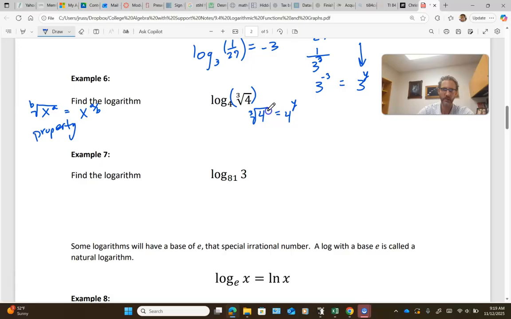Well, the power here is an understood 1. So once I know that, I can re-express this as 4 to the 1/3 power. Okay, and by doing so, I've figured out what that exponent is. It's 1/3. So I can then restate that log base 4 of the cube root of 4 is equal to 1/3.